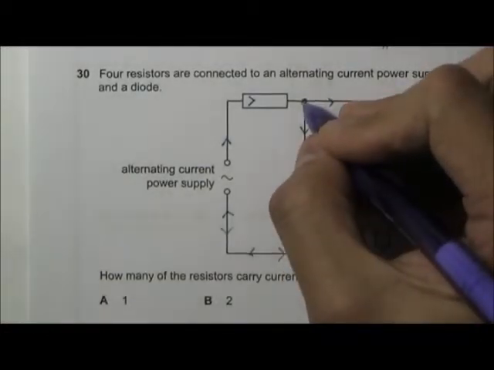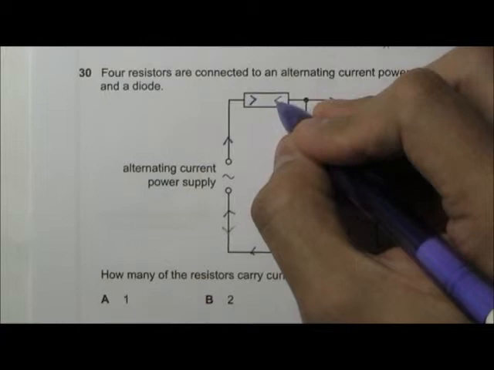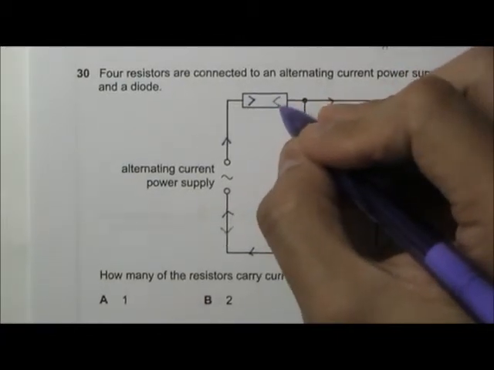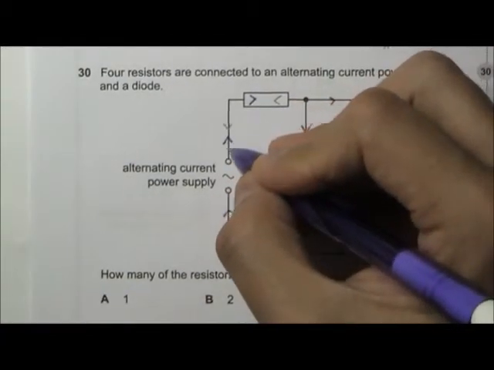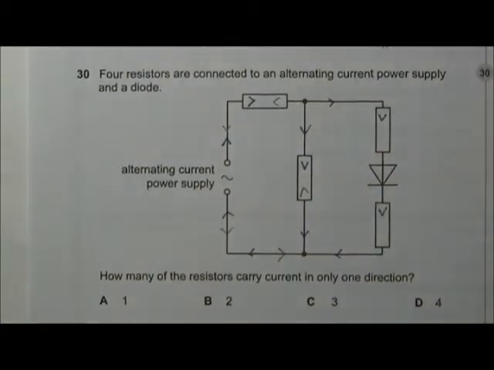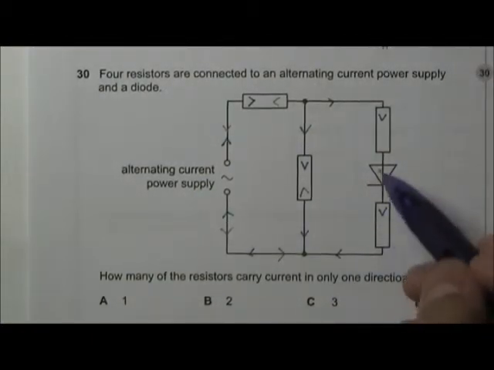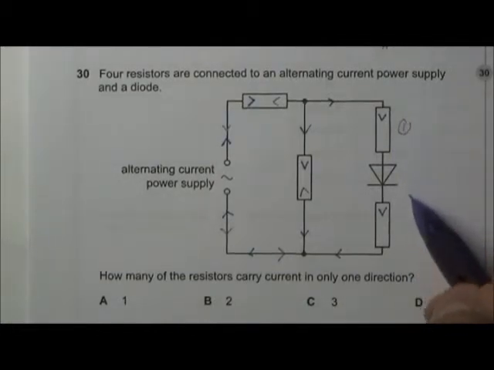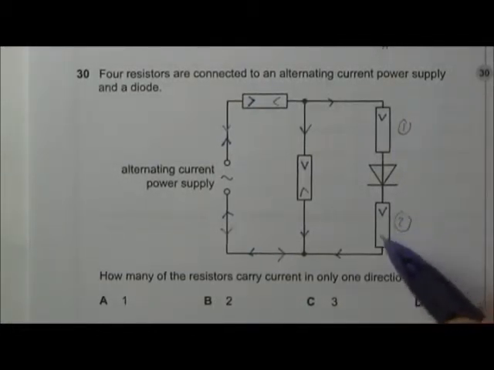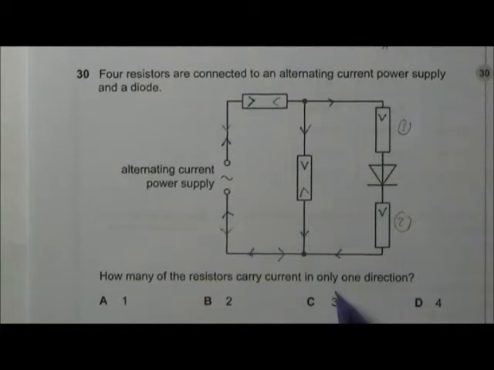Then it comes out through here, goes into this resistor in this direction, and goes back to the power supply. So from this diagram, we can see that only resistors 1 and 2 carry current in only one direction. So the answer is B.